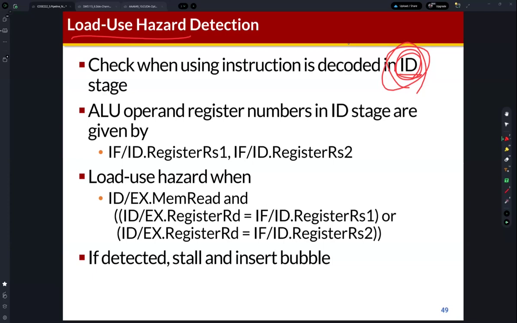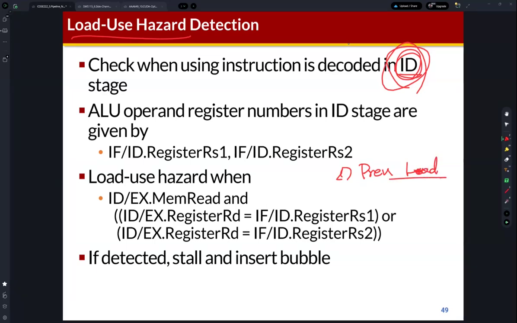Firstly, the previous instruction is a load instruction.